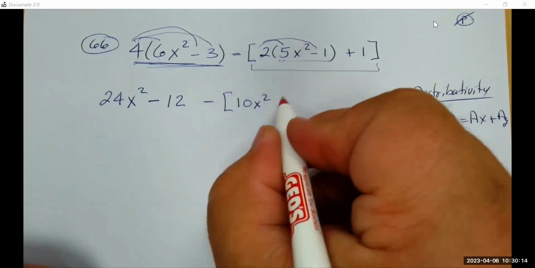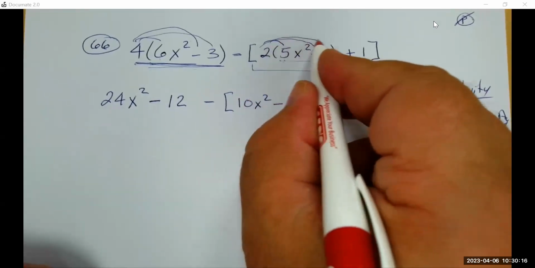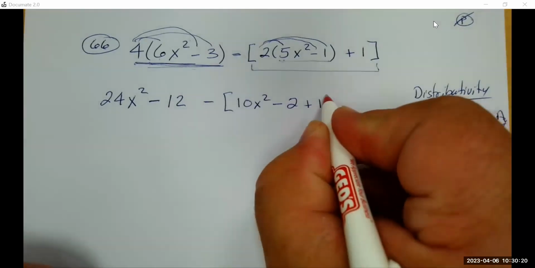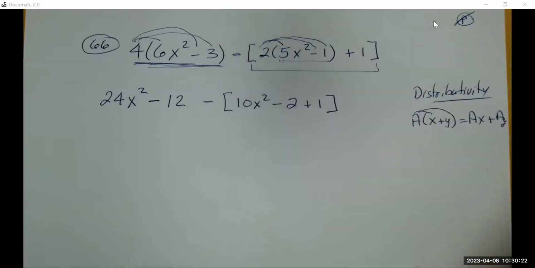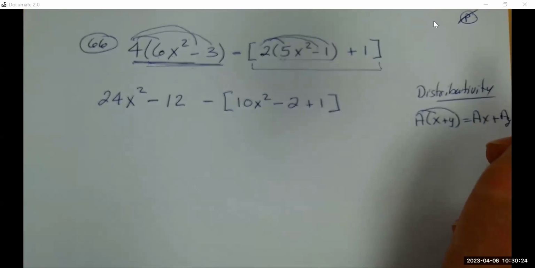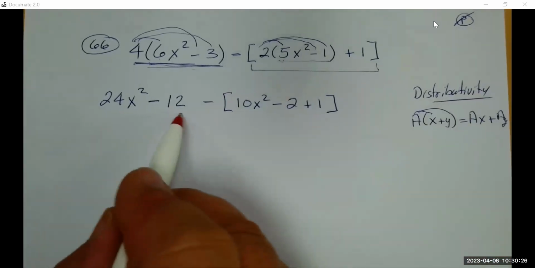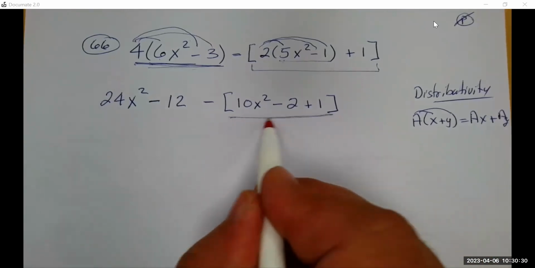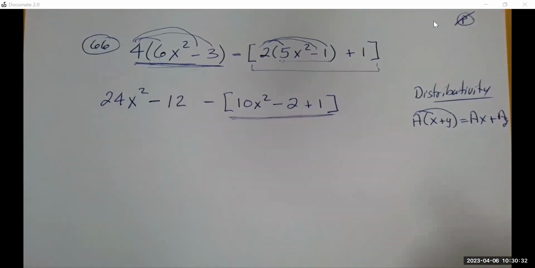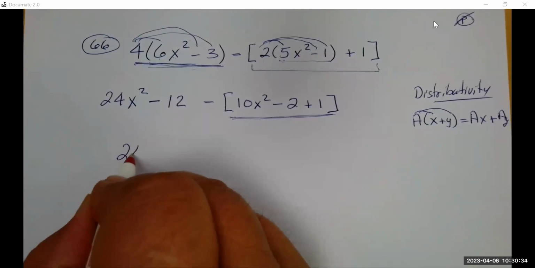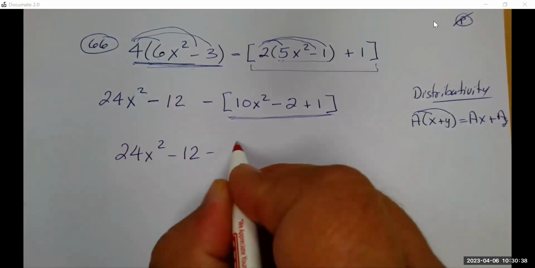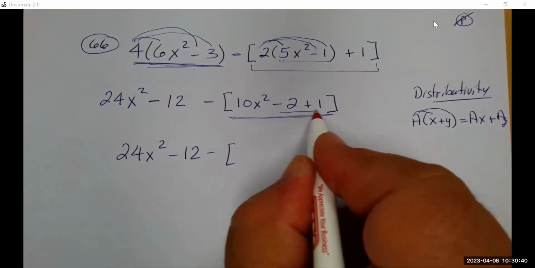Positive times negative, 2 times 1. So that took care of that parenthesis. We can't do anything in the first one. Now inside the bracket, can we do anything inside the bracket? We can combine like terms.